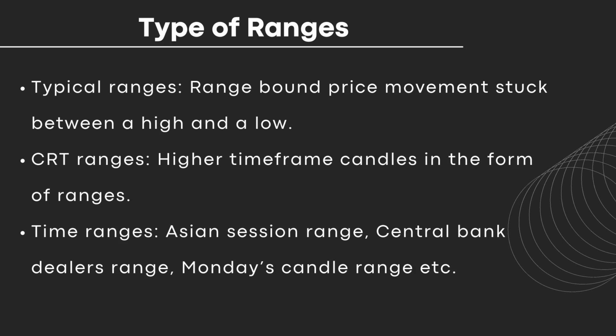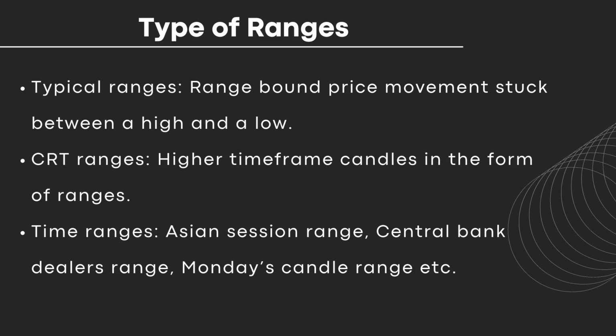Typical ranges are basically range-bound price movement stuck between a high and a low, which I just showed you earlier. Knowing about typical ranges will help you understand the rest of the types and the rest of the examples even better. We don't use typical ranges that much, and pretty rarely are they ever needed, but the rest of the ranges are derived from their fundamental dynamics, so it's best to learn about it as well.